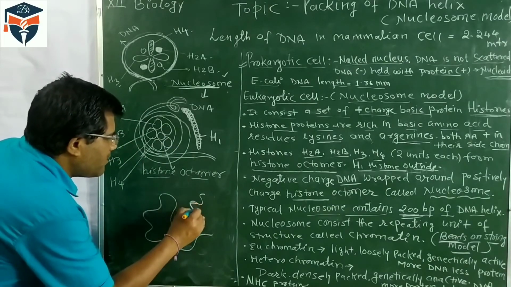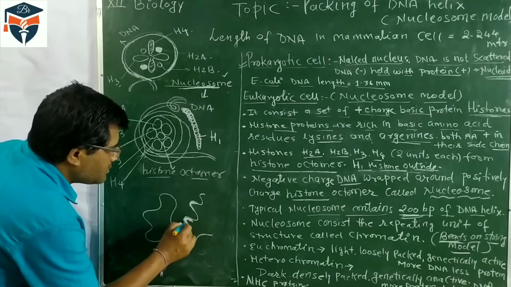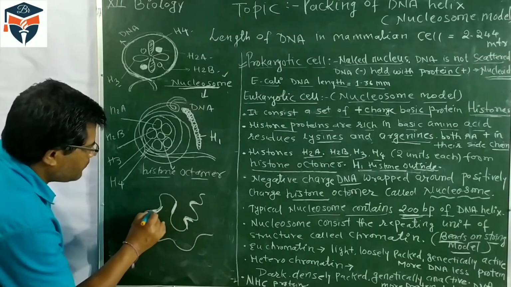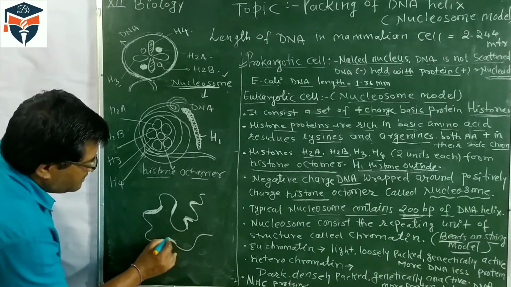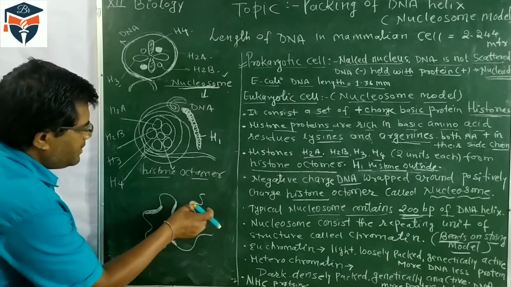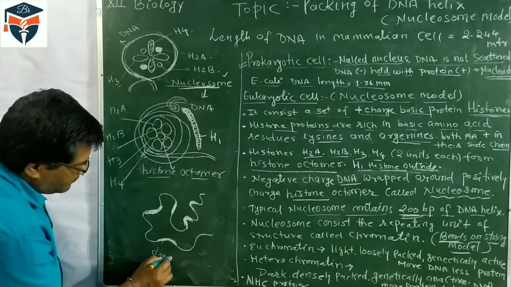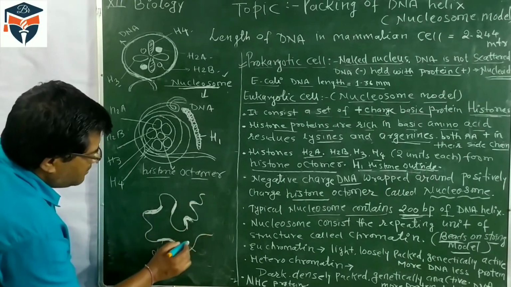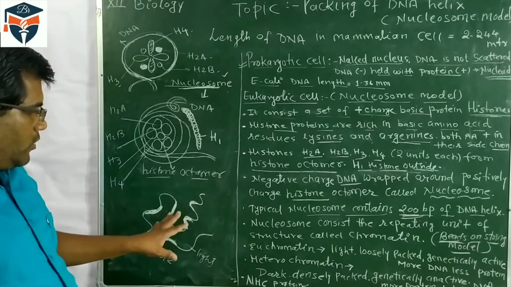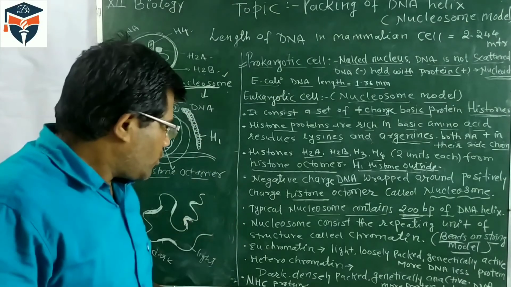In the chromatin fiber, I am marking some very dark structures, and alongside them there are light structures. So light, dark, dark, dark. These are the dark structures, and this is a light band. Now, chromatin becomes condensed and forms the chromosome.